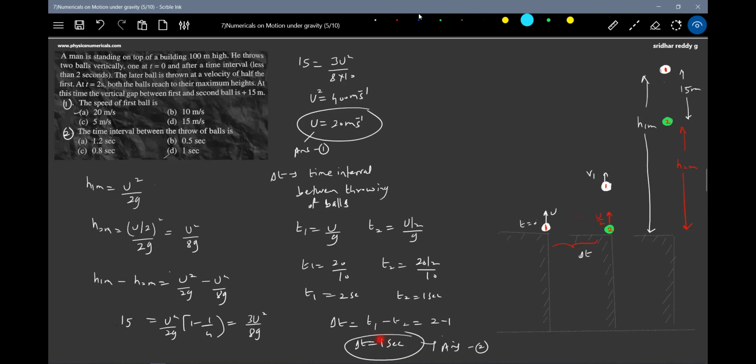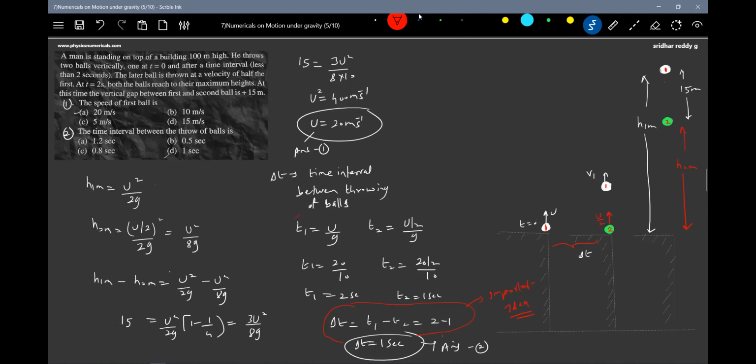This is, I think, a very important idea here. How you are writing this is very, very essential. The difference in the time of ascent will be the time interval between the throw.